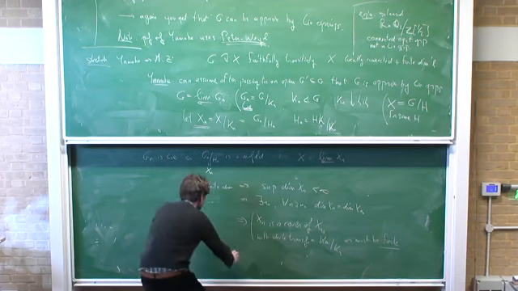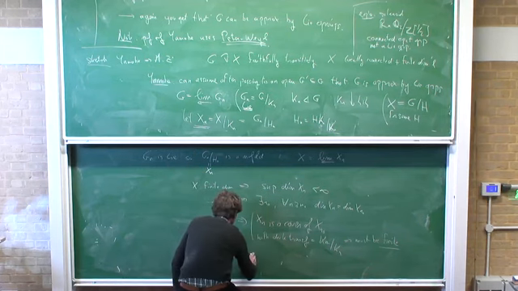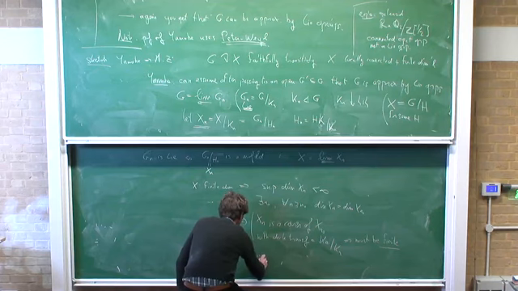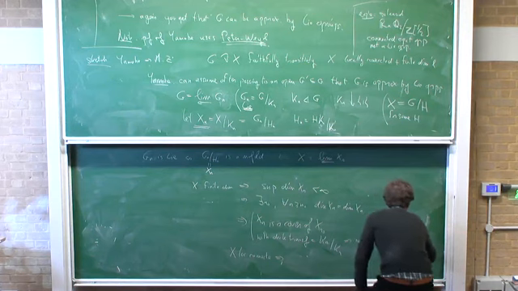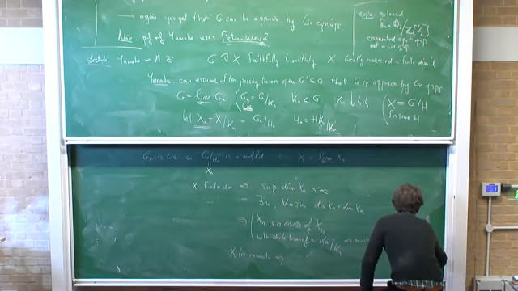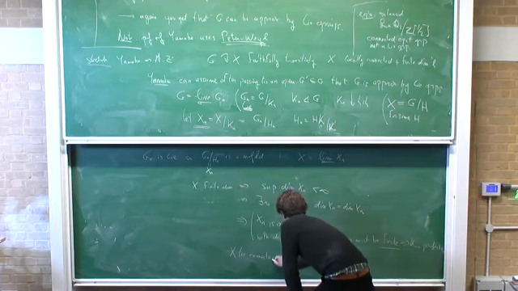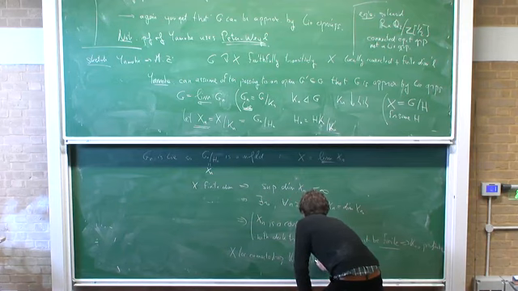So if X is locally connected, this implies Kn naught is profinite, but this implies that Kn naught is trivial. And so that's it.